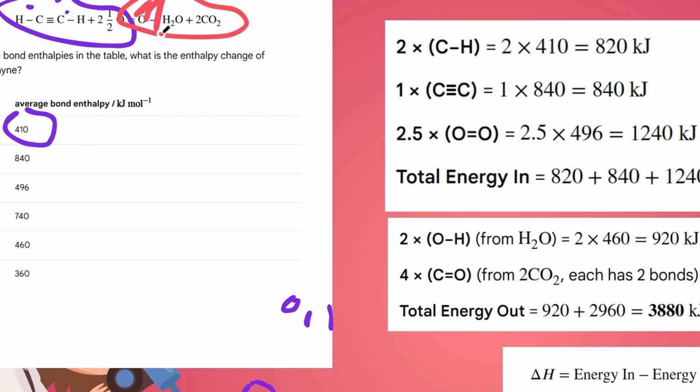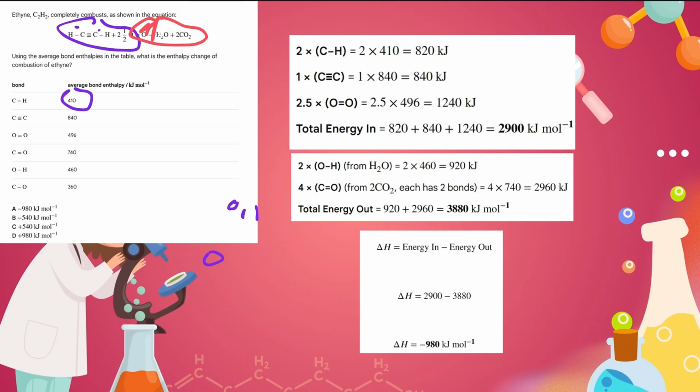H2O plus 2 double bond CO. From there we know H2O doesn't have a double bond. It just has H bonding with O, making two bonds of oxygen and hydrogen, and we know oxygen and hydrogen is 460. Okay, then 920.